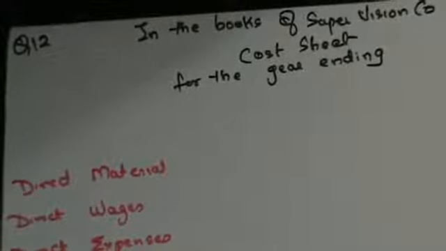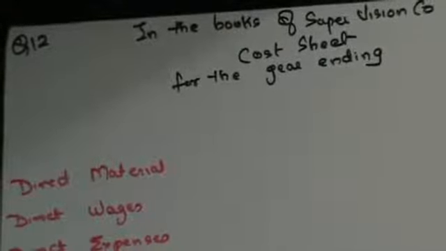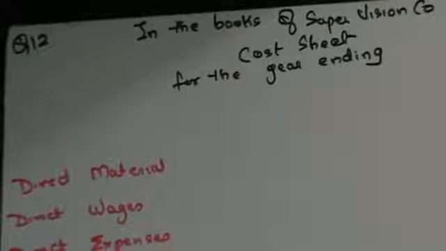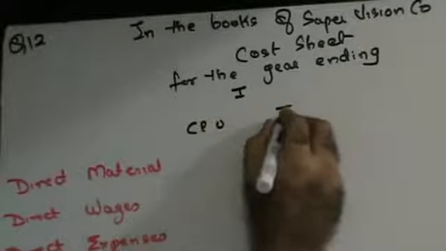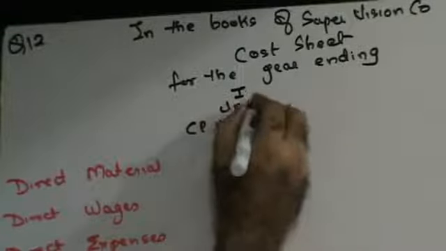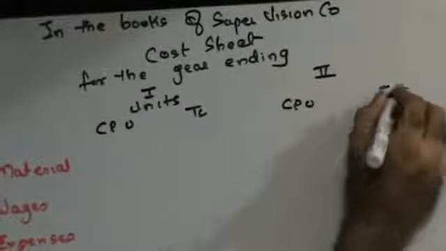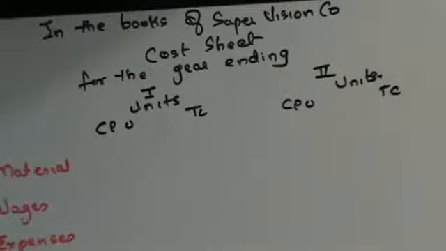They have given you data for 1 year and they've asked you to make it for the other year: first year, CPU and TC units; second year, CPU and TC units. Okay, let's start, guys. Supervision company furnishes you the information about 1000 TV sets.